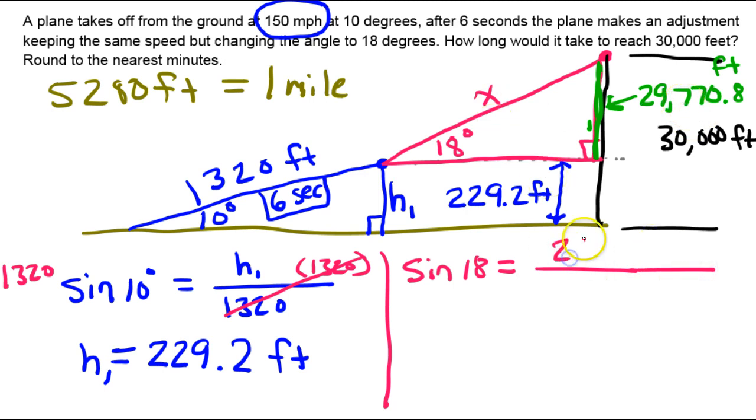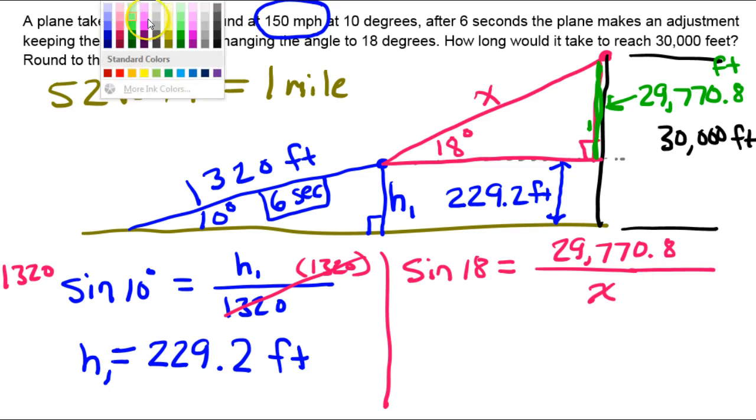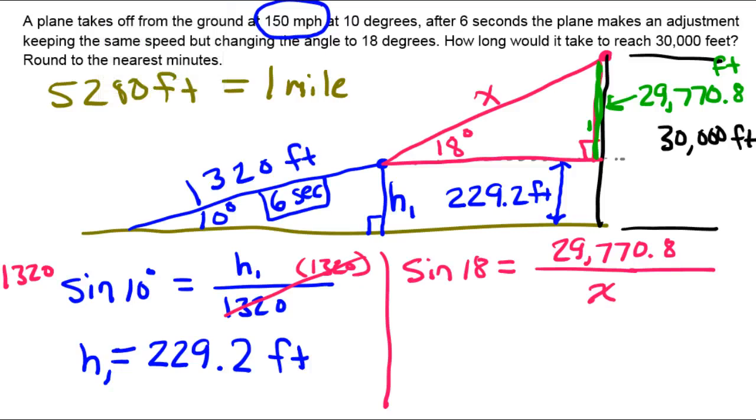So that's 29,770.8 feet over X. Now you could cross multiply, you could put a 1 under this and cross multiply if that's your thing. But I taught my students a little shortcut, because this comes up so often.